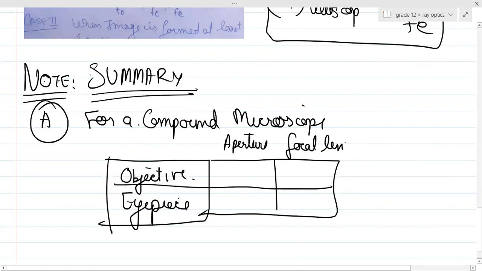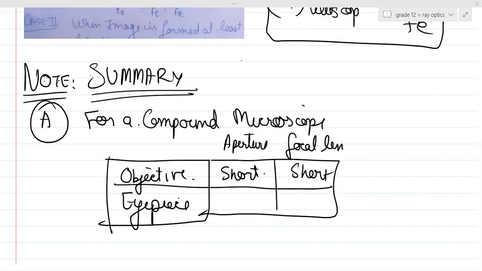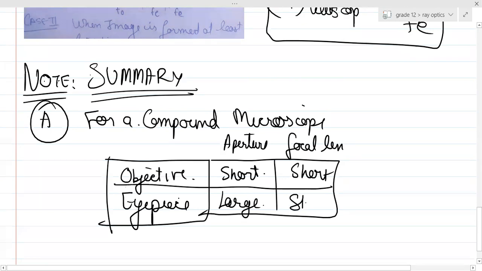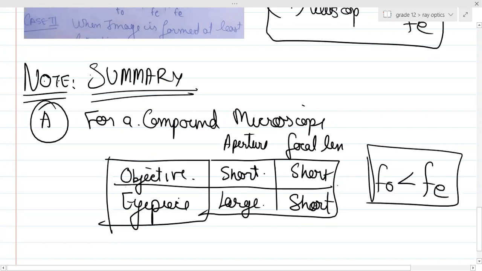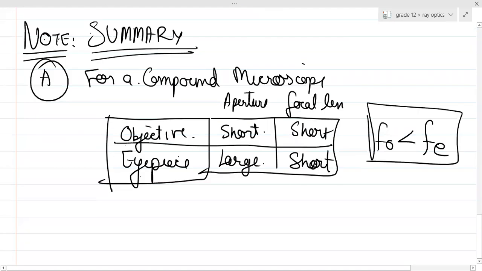So basically, if I want a compound microscope, then the objective aperture is short and the focal length is also short. If we have eyepieces of large aperture but short focal length, okay? And always remember the focal length of the objective must be less than f. Clear?